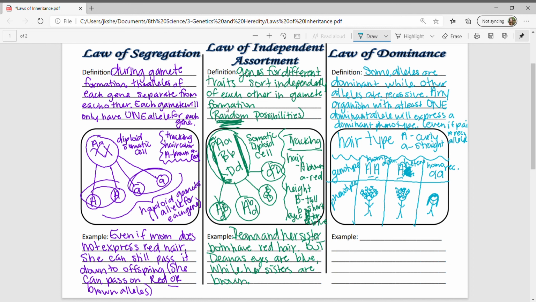So let's look at an example of this. We have Tina, who has curly hair, and Tim, and they have a straight-haired kid.